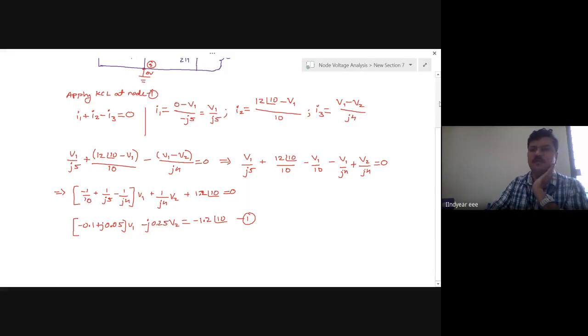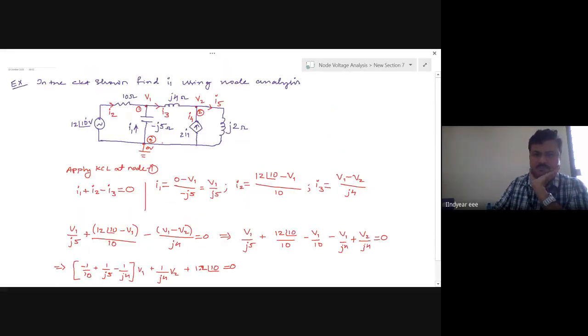Similarly, apply KCL to node 2. It is not a super node problem, it is a simple problem. At node 2, I3 is entering, I4 is entering, I5 is leaving.